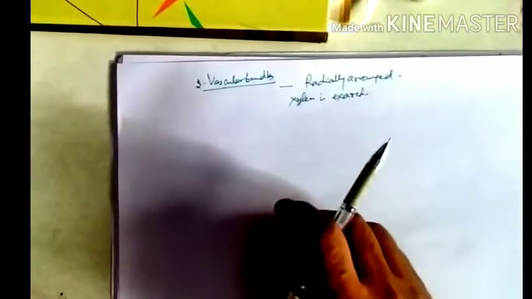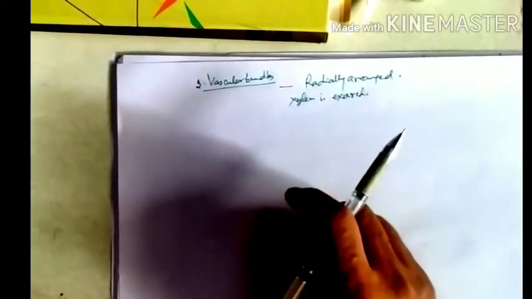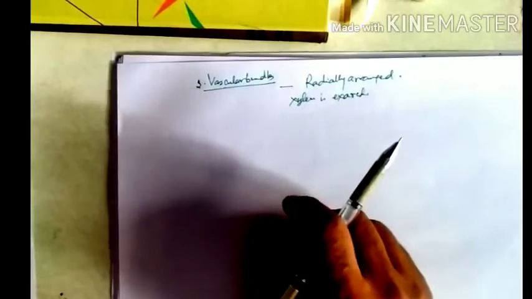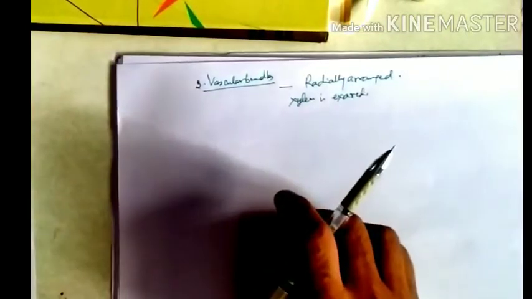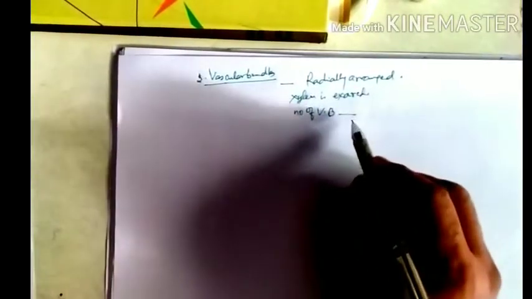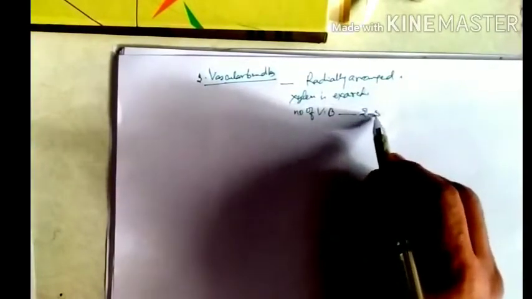The number of vascular bundles in dicot root is from 2 to 5, but sometimes more than 5 also.